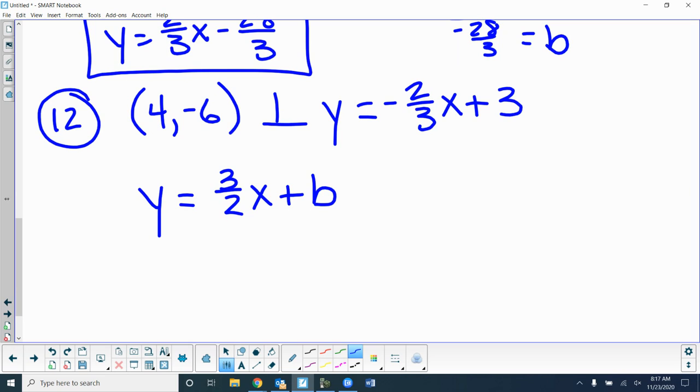So the opposite of negative 2/3 is positive, then reciprocal. Flip it, 3/2. Okay? And then use your point. Y is negative 6. X is 4. 3 times 4 is 12, divided by 2, 6.